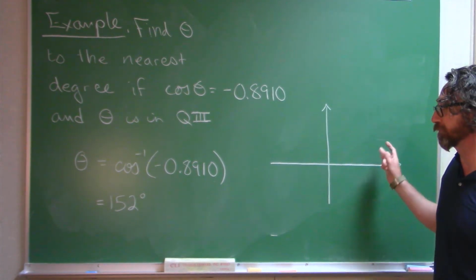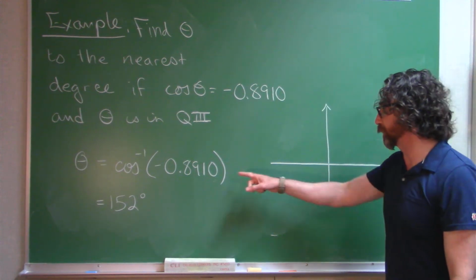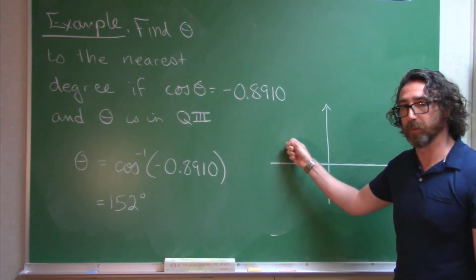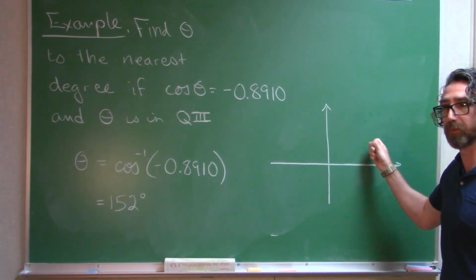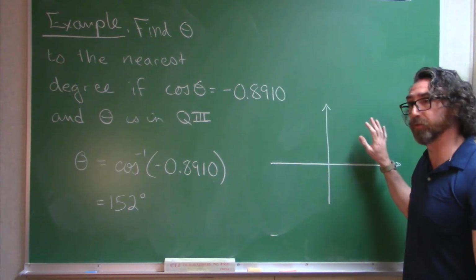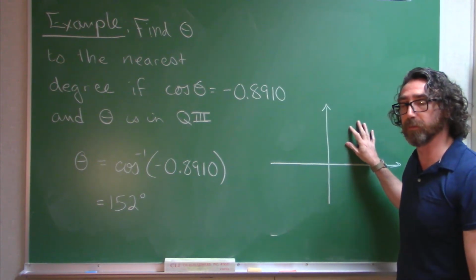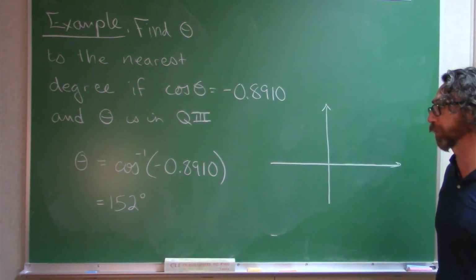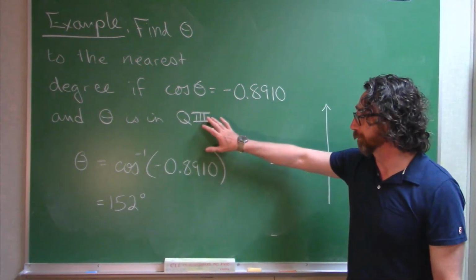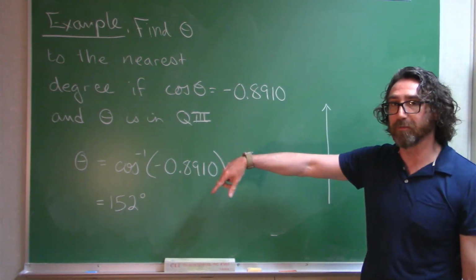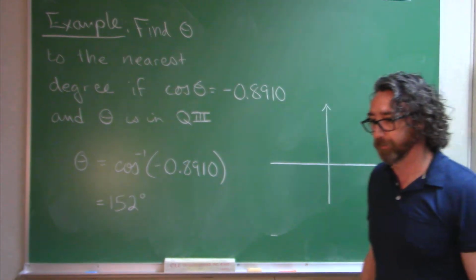So your cosine inverse function will give you an angle that's either here or here. If your ratio is positive, cosine inverse will put you in the first quadrant. If your ratio is negative, cosine inverse will put you in the second quadrant. Now this problem is asking us for something in the third quadrant that would have this cosine.